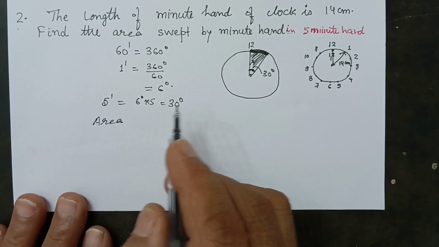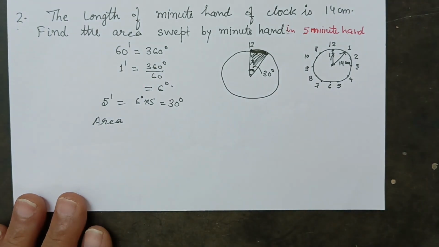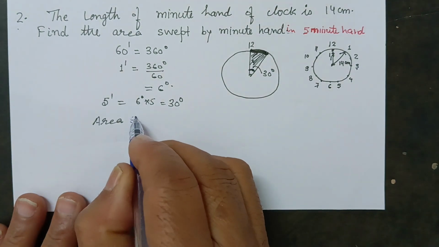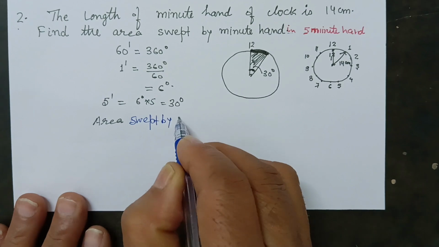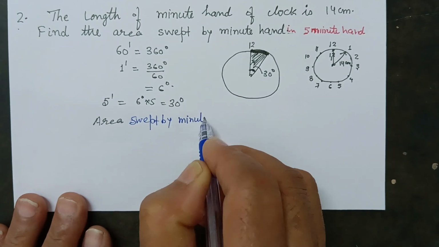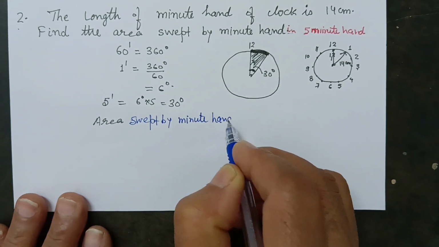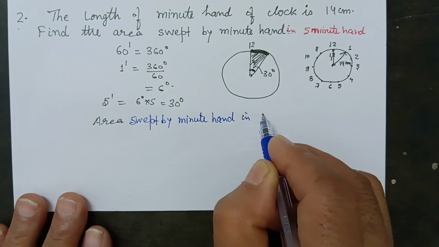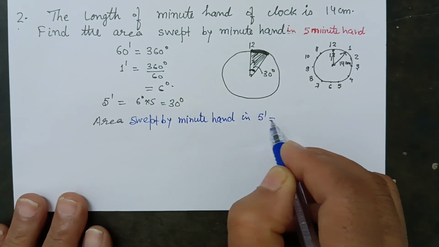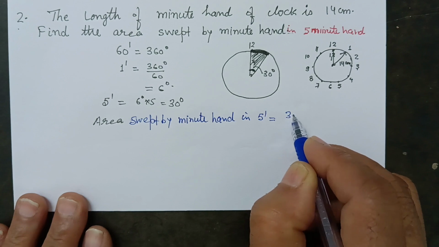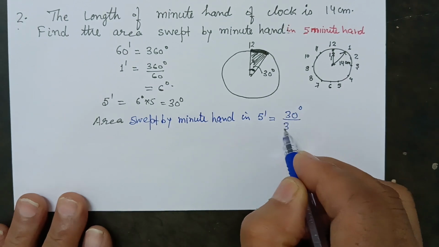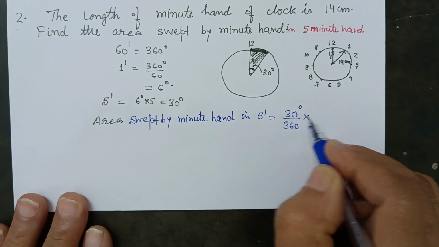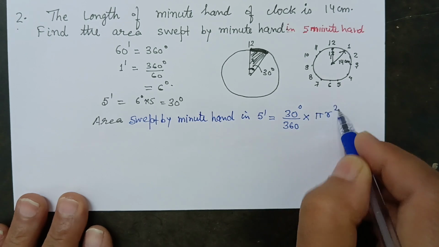Area swept by the minute hand in 5 minutes will be equal to 30 degree upon 360 into area of complete circle, pi r square.